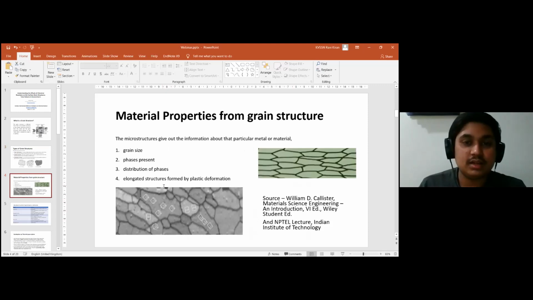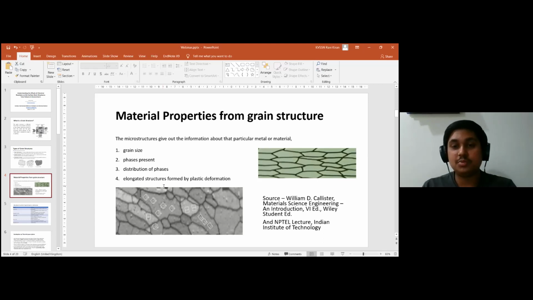Coming to the material properties that we can obtain from the grain structures. Firstly, these grain structures, or we can also call them microstructures, give out the information about a particular metal or material, if it is ductile or brittle or strengthened, etc. So these can be differentiated with the following classification.